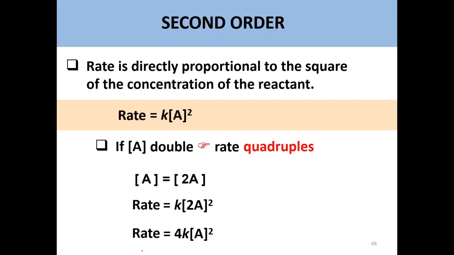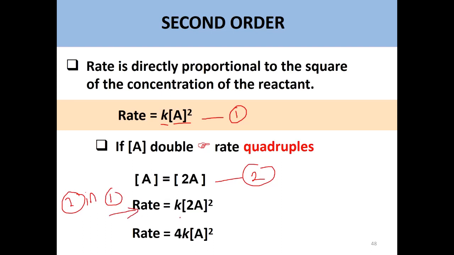Okay, this one is the rate for the second order, k A to the power of 2. If we double the A, this one is equation 1, this one is equation 2. Put 2 in 1, you will get this.